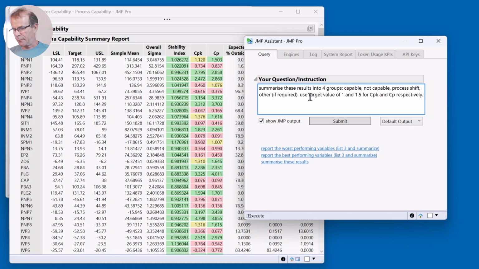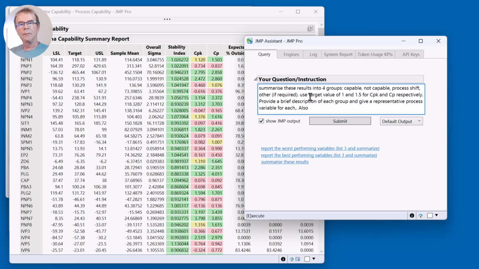What else? Provide a brief description of each group. And this is the important piece, and give a representative variable, process variable, for each.